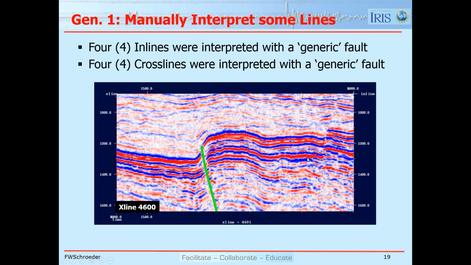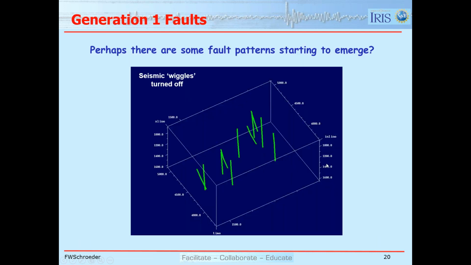And then here is a cross line, and here is a fault in this location. It's got some reverse offset on it, normal fault over here. So now I can do that on 5 or 6 lines. I can take the seismic display away and just look at the fault traces that I've manually picked, and there's not much of a pattern there, not yet.